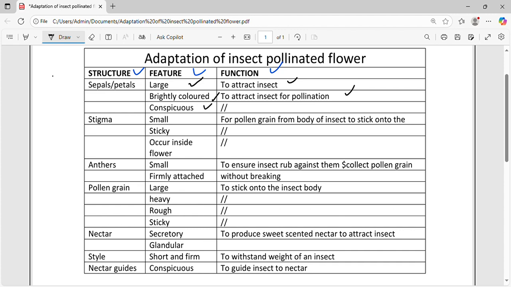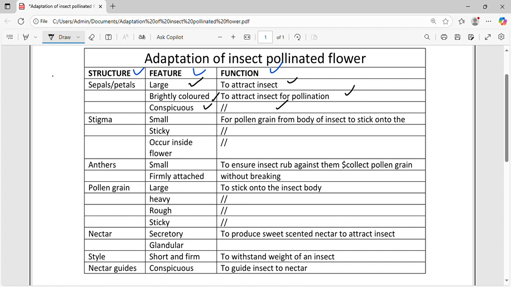They can be seen, to attract insects. So you have only talked about one structure, and it has three features. It means you get 3 marks for features and 3 marks for function. So one structure, you have 6 marks. This is the simplest way to do essays on adaptation.